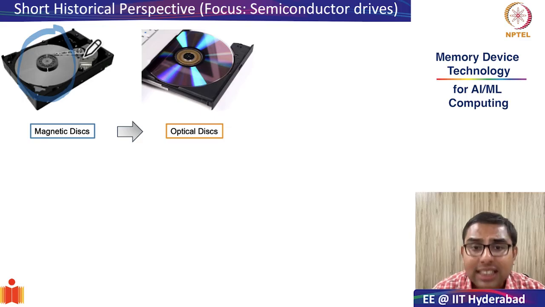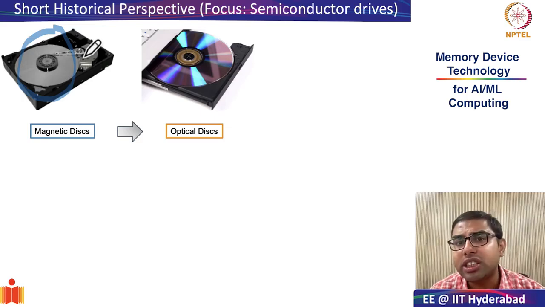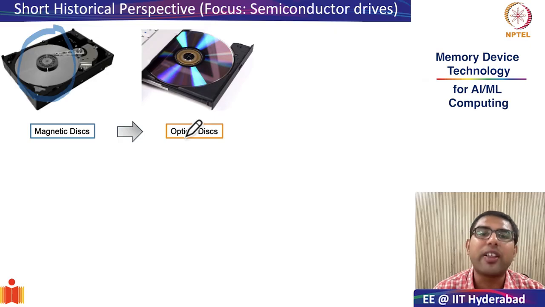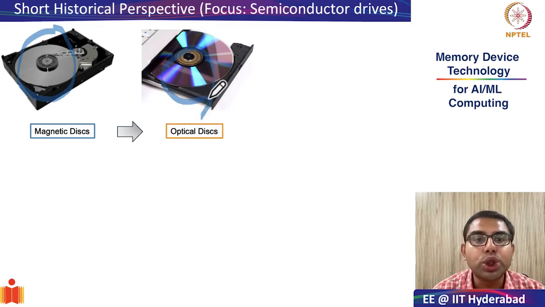Now, this had limitations. It had very high bit densities, but it had limitations in read-write speeds and also in scalability. So people started looking at other ways, and optical disks, you might have seen CD drives, compact disk drives, were an alternative which was also being used a few generations, even 10 years earlier.